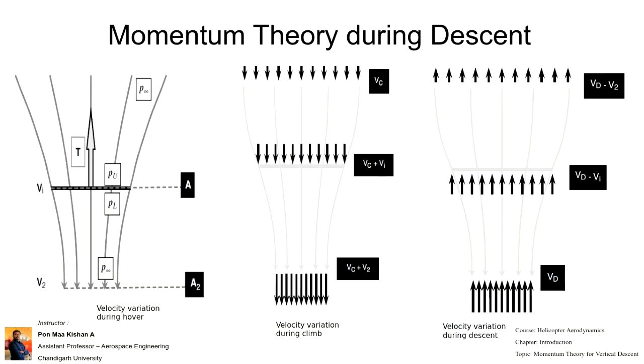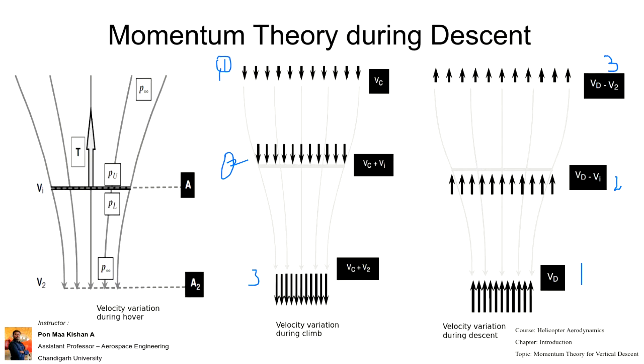Okay, so in descent, from up we are taking it as 1 and 2, and this is 3. Whereas here the inflow is from here, that's the inlet, consider that as inlet. So the induced flow at the blade is 2, and this is our exit 3.